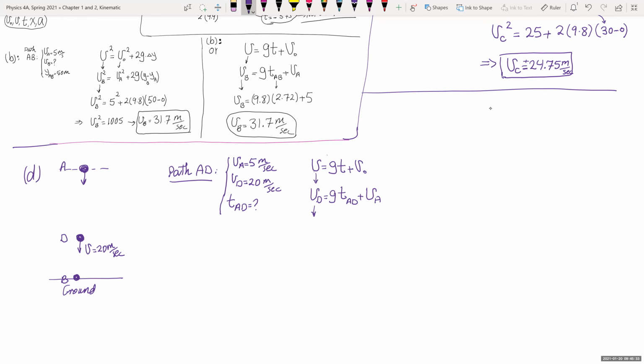So Vd is 20, g is 9.8, time is unknown, and VA is 5. Therefore, we can find the time. 15 divided by 9.8 will be 1.5, I think 2, huh? 15 divided by 9.8, 1.53 seconds.